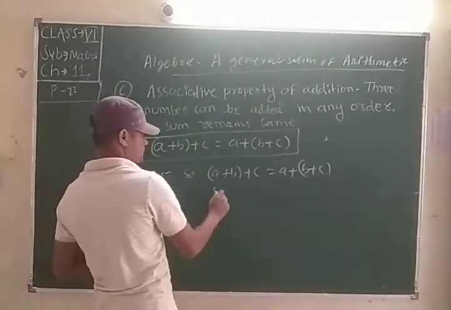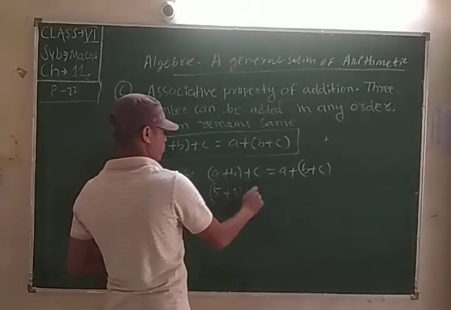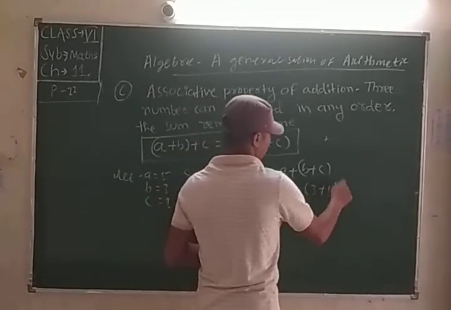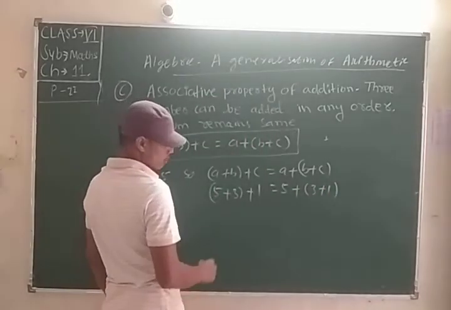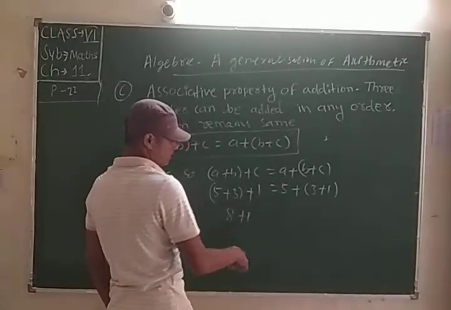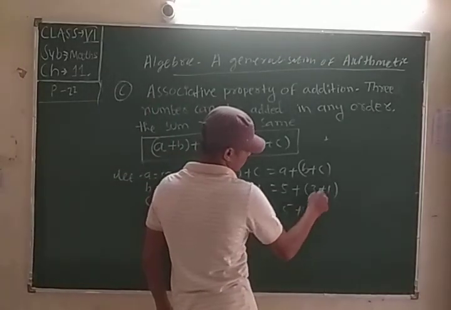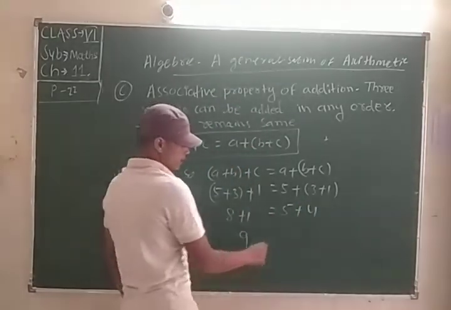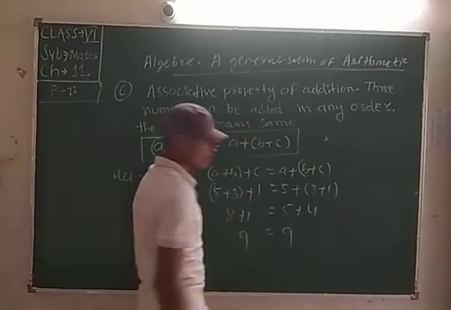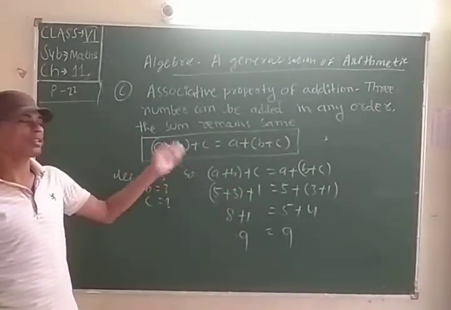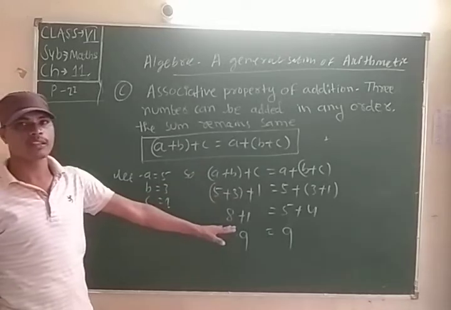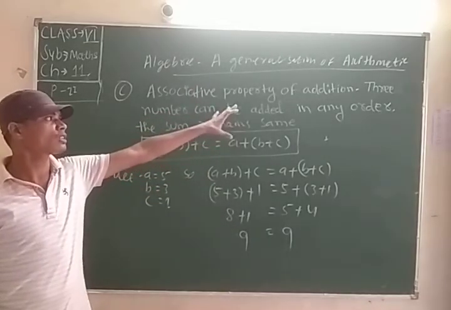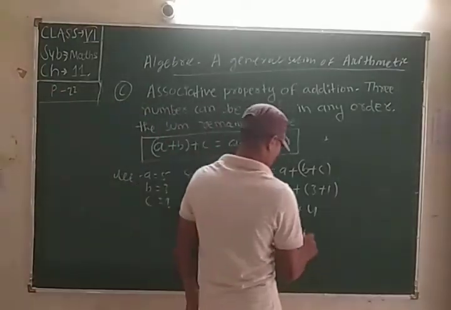The value of a is 5, so (5 plus 3) plus 1 equal to 5 plus (3 plus 1). 5 plus 3 equal to 8, plus 1 is 9. 3 plus 1 equal to 4, then 5 plus 4 equal to 9. See here, on both sides we got the same answer. That's why the property belongs to the associative property of addition.